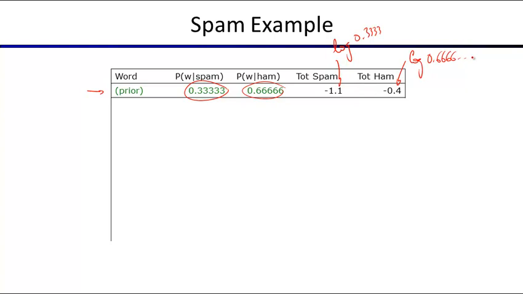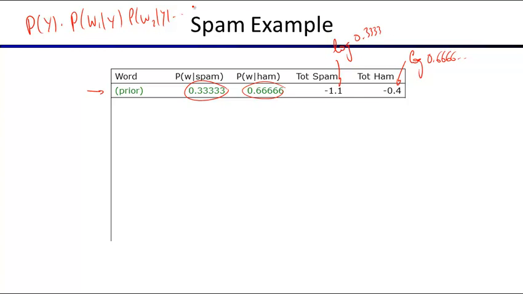Now we'll keep track of the score as we go along. So this is our classifier in action. What we're doing here is computing P(y) times P(w1 | y), P(w2 | y), and so forth, as we go along for the two different values of y, spam and ham. And we keep a running score as we go along.